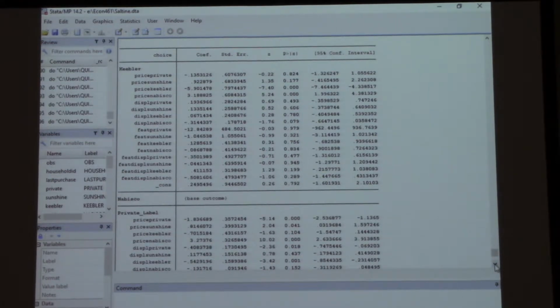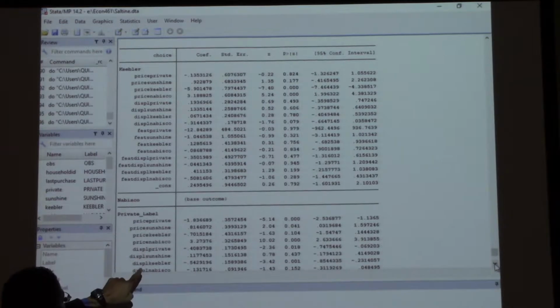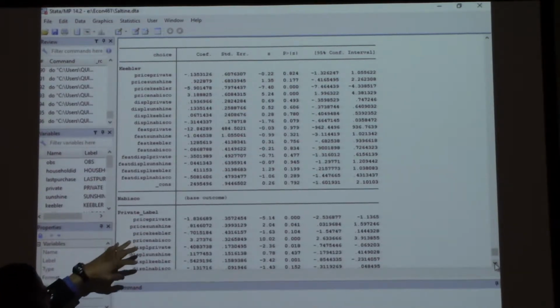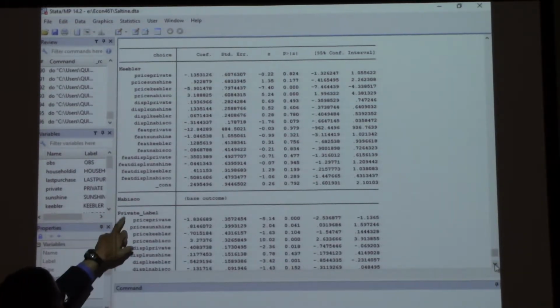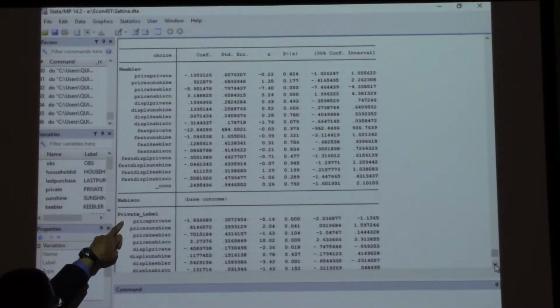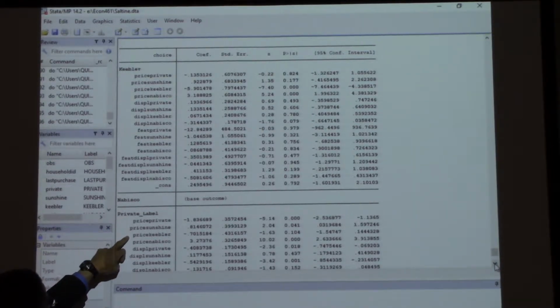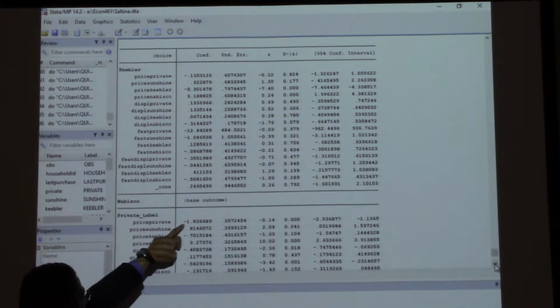What we can do is check, again, the laws of demand. For Keebler, is the price of Keebler negative and significant? Yes. For Nabisco, is the price of Nabisco, no, I'm sorry, that's the base outcome. For private label, is the price of private label negative and significant?